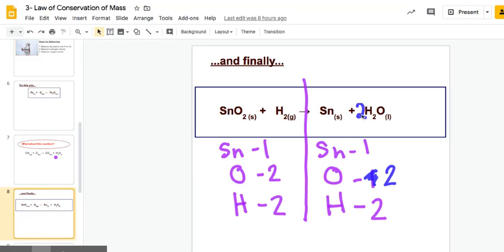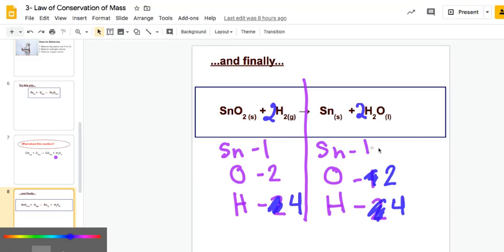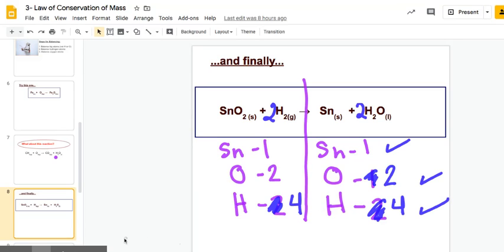But when I put the 2 in front, it also changed my hydrogens, so now this is a 4. And so now I have to go back and say, okay, my tins are still balanced, my oxygens are still balanced, my hydrogens are not. So I'm going to put a 2 in front of the hydrogen, and I should have 4. So balanced, balanced, balanced. Okay.